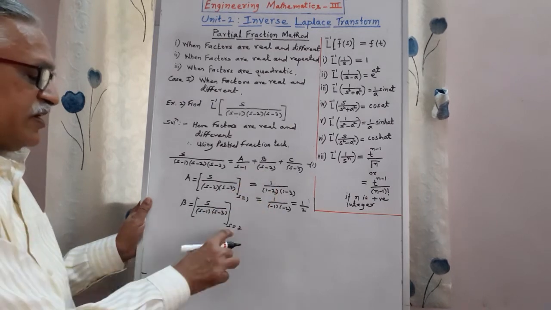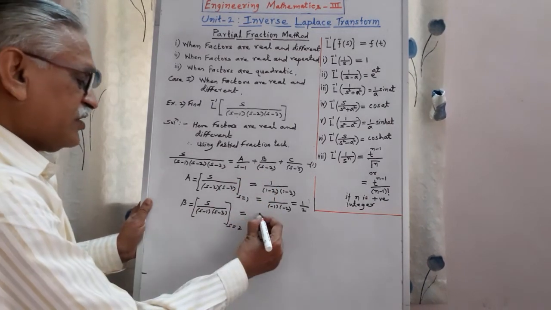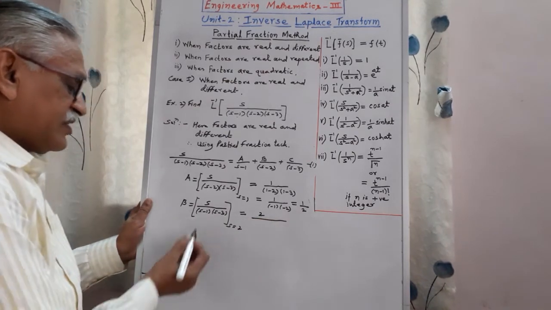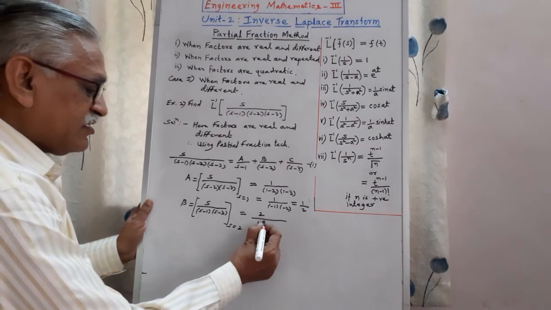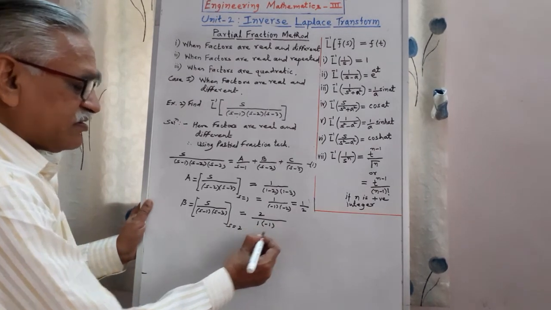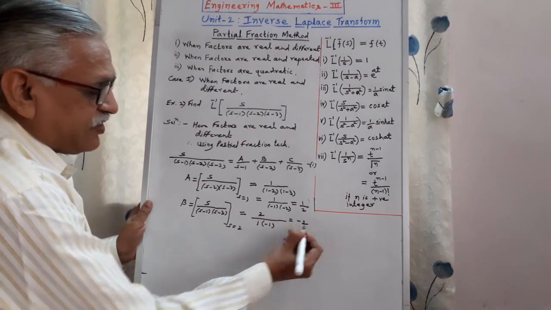Equating this to 0, we get s equals 2, and therefore it is 2 divided by (2 minus 1), which is 1, and (2 minus 3), which is minus 1, therefore 2 upon minus 1, and that value is minus 2.